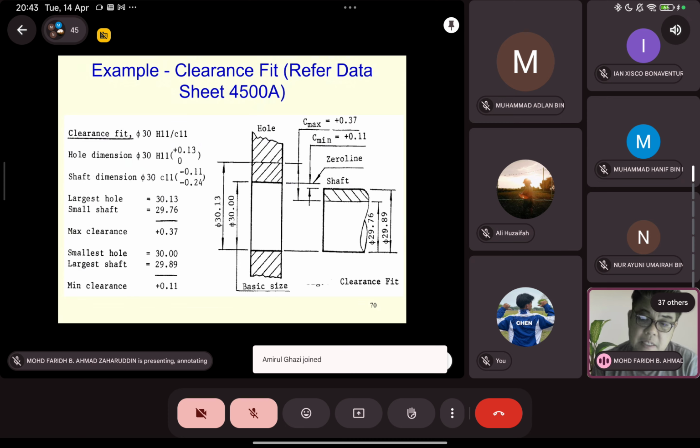Okay, guys, you can see the whole dimension, the shaft dimension.